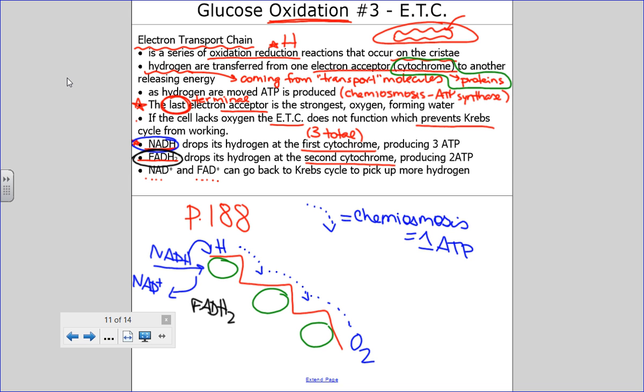So it's a good little trick to remember. It drops off hydrogen here and becomes FAD positive. Since this hydrogen only has 2 steps to move, I'm only going to get 2 ATP from it.